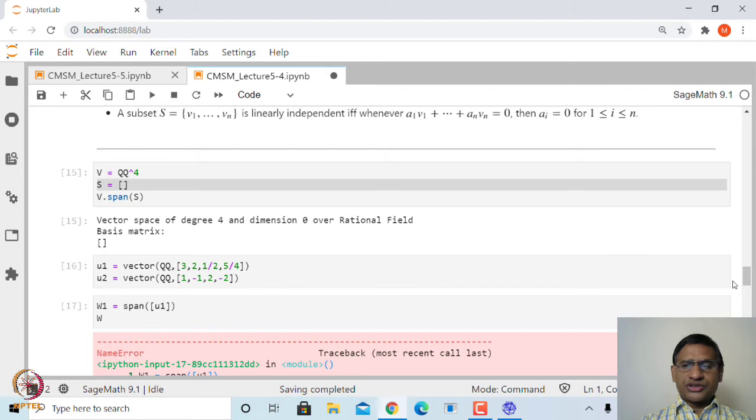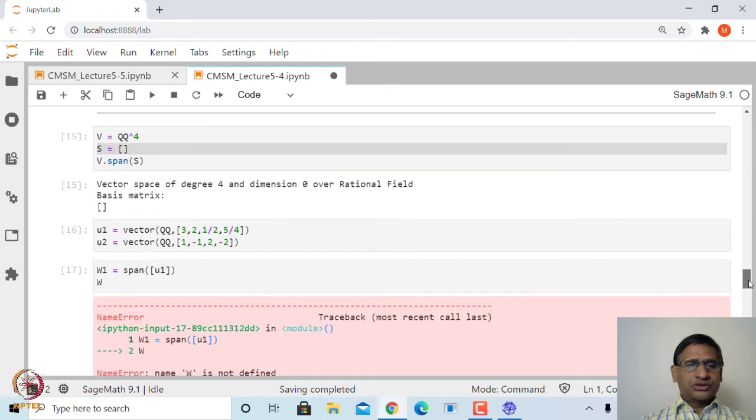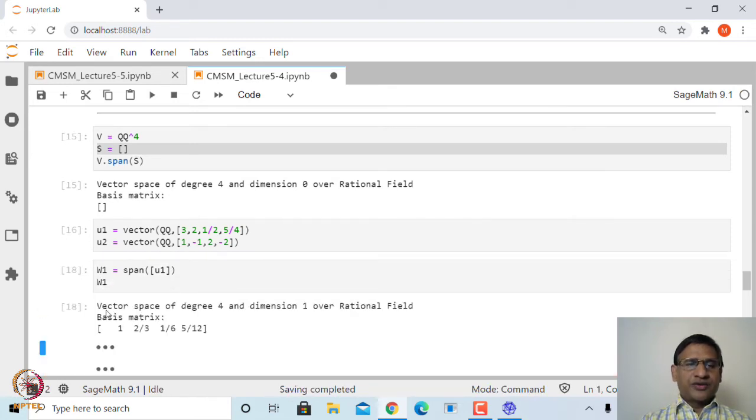Just a second, I define this as W1, not W. So this is a vector space of degree 4 and dimension 1 over the rational field, spanned by this. So this is all the scalar multiples of this, right?